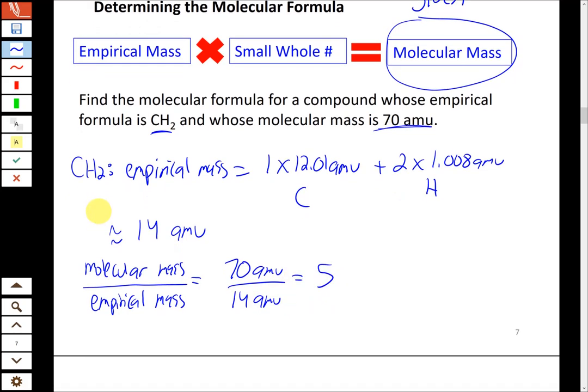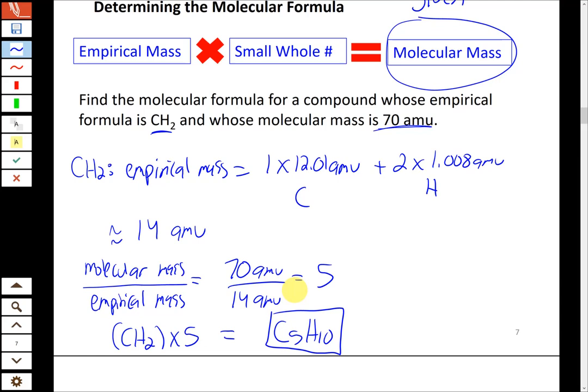So what this means is that our molecular formula is 5 times the empirical formula. So CH2 is our empirical formula, we multiply the whole thing by 5, and that gives us a molecular formula of C5H10. So again, one of many compounds that would have the empirical formula CH2, in this case is C5H10.